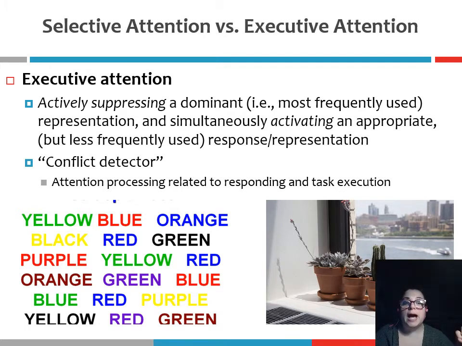So that's your dominant, well-practiced response. Your less frequent or less dominant response is to say the color in which the word is printed, right? Which is what this task requires you to do, right? So this is the perfect example of executive attention because you have to stop reading the word and instead focus on its color, right? Make sense?